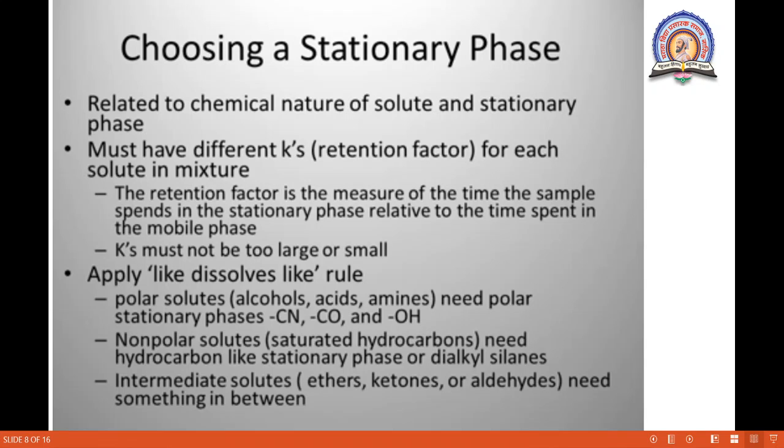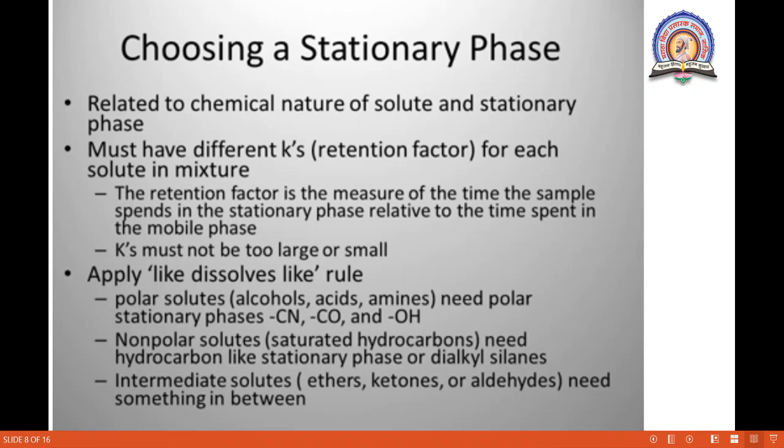Choosing a stationary phase, continuing this slide, is related to the chemical nature of the solute and the stationary phase. We must have a different retention factor for each solute in the mixture. The retention factor is nothing but the measure of the time the sample spends in the stationary phase relative to the time spent in the mobile phase. This k must not be too large or too small.